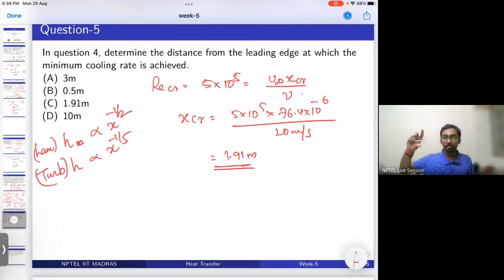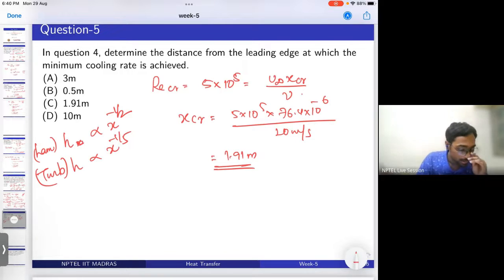So when we are in the laminar region, the point where the laminar to turbulent transition happens is the point where we get the least heat transfer coefficient. When the heat transfer coefficient is minimum, the heat transfer rate will also be minimum at that location.